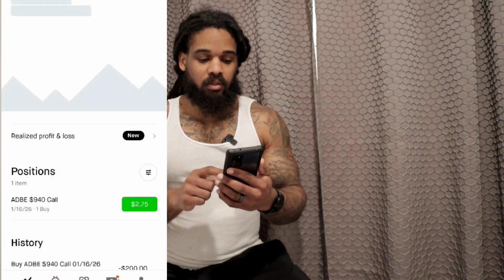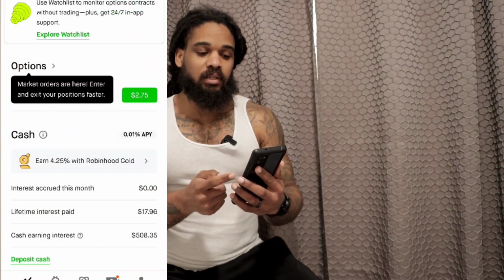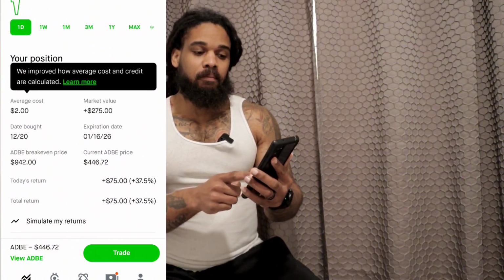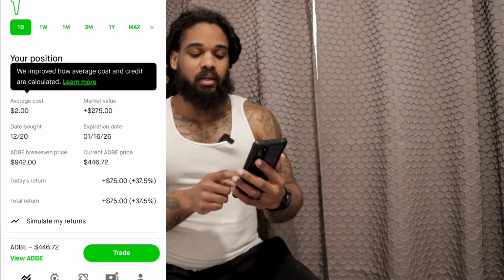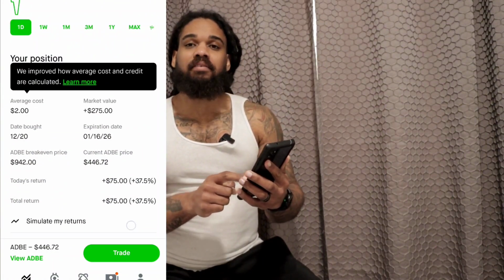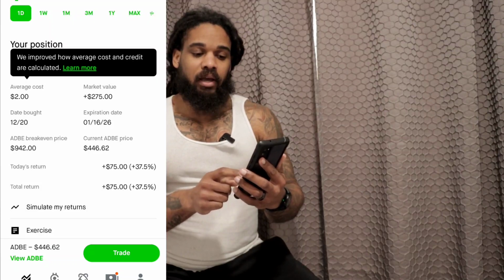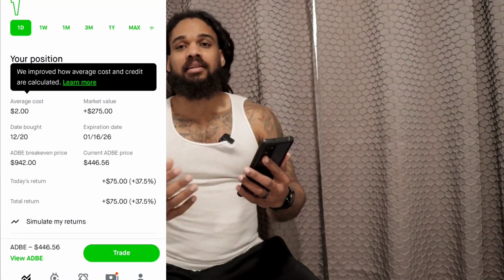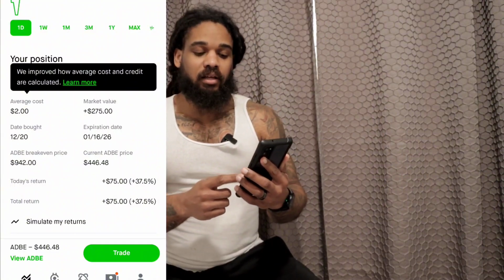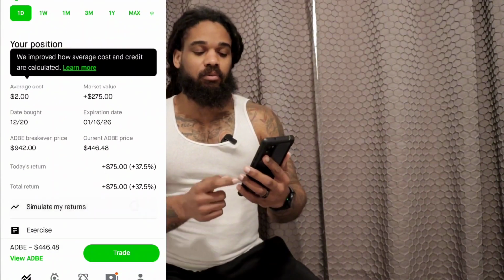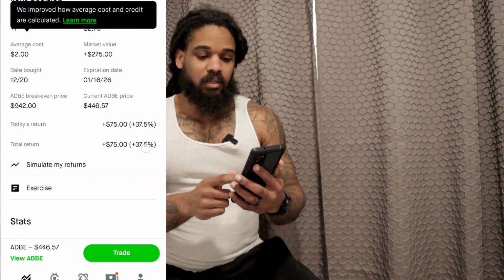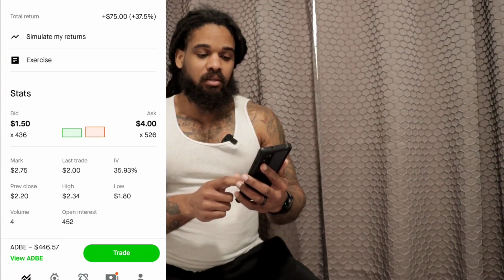As you can see, we did 200, and right now it got filled at the 200 mark, and now I'm up about $75, right? Versus if I had gone in at the 400, I would have been immediately down from the $400, so I wouldn't have gotten any return. So it got filled at the $200 mark, as you can see right there.